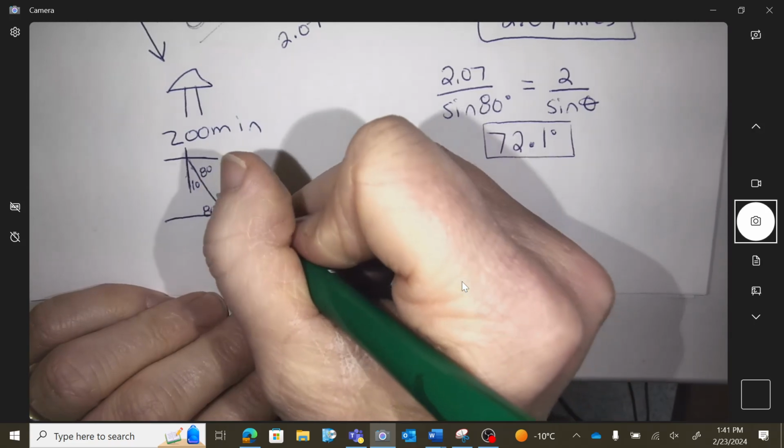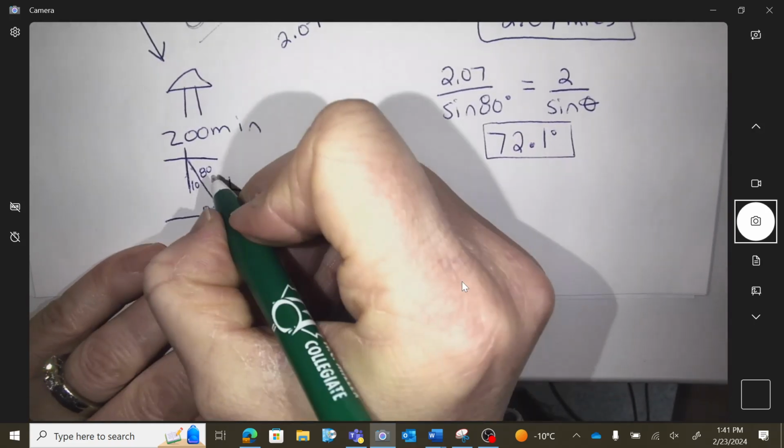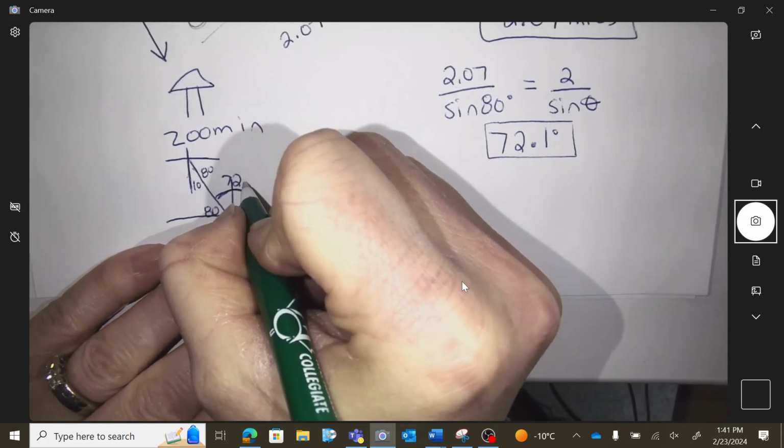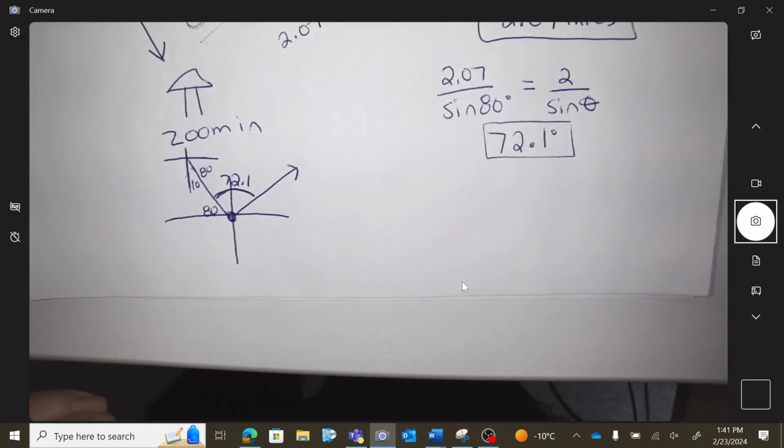Then this is 72.1, and then that's the direction I'm going. Do you see that? 72.1 is in the triangle, but it's not a direction.